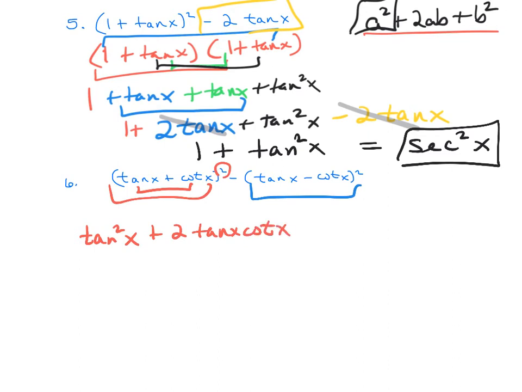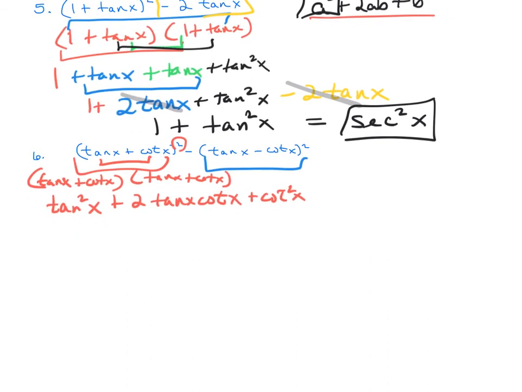Now, keep in mind, you can also do this, tan x plus cotangent x, and then FOIL it if you prefer to do that. Just taking a shortcut here. And then cotangent squared x. Now I've got to do the blue side. Also keep in mind, you've got a subtraction sign in between here.